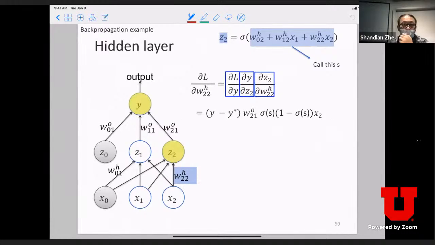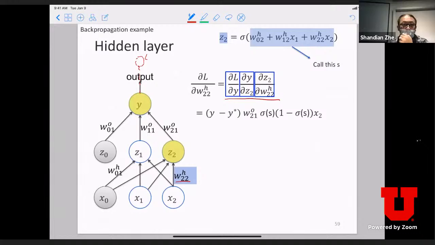So now let us look at this result again, but now from the graphical point of view. Let us summarize the computational procedure by leveraging the network structure. If you want to compute partial L over partial W2H, you can view L as a virtual node, because the output neuron is fed into this loss function.